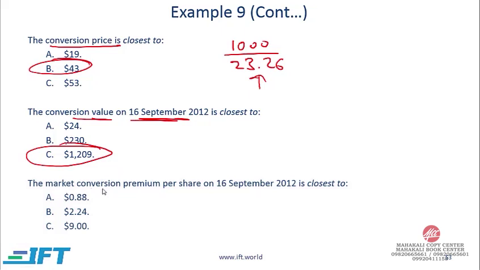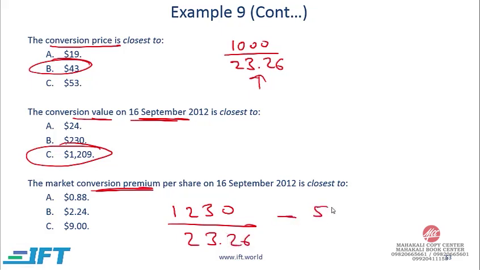Next, market conversion premium per share. This is equal to the convertible bond price, which is 1230, and that's given, divided by the conversion ratio, which is 23.26, minus the underlying share price, which is 52. So the answer is 0.88.